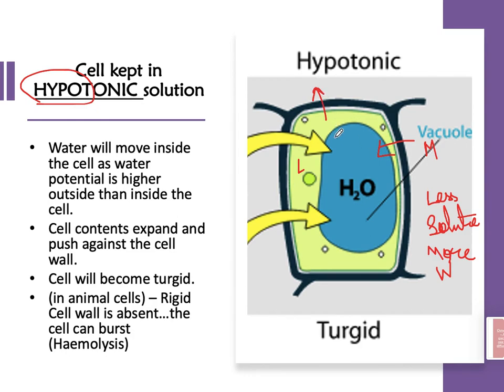So basically more water is going to come in and less water is going to go out, resulting in net water collection inside the cell, right? And since the cell is getting water, it will swell up, right? Become turgid, right? So water will move inside the cell as the water potential is higher outside than inside, right?